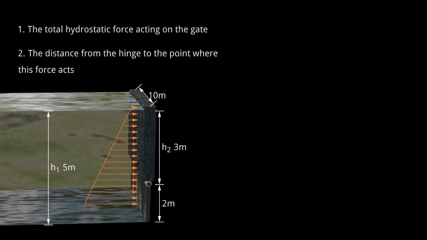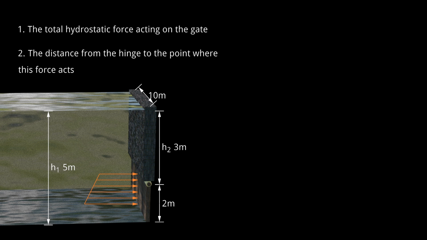Understanding this pressure distribution is essential when calculating the total force on the structure and pinpointing the center of pressure, the specific point where the overall force can be considered to act. The force on the gate corresponds to the portion of the pressure distribution that acts perpendicular to its surface, as illustrated here.